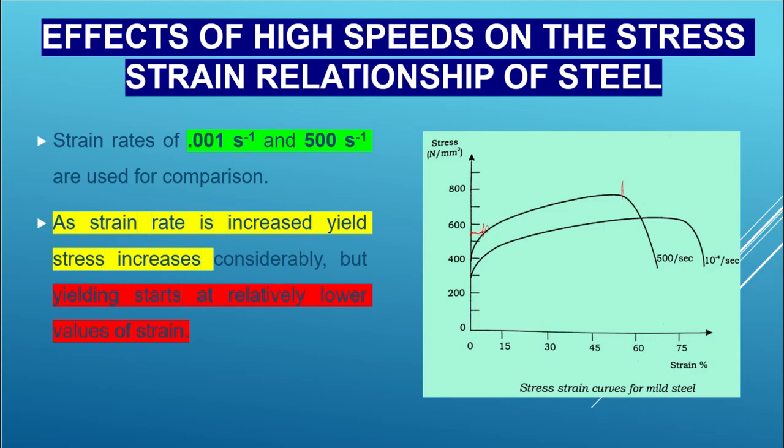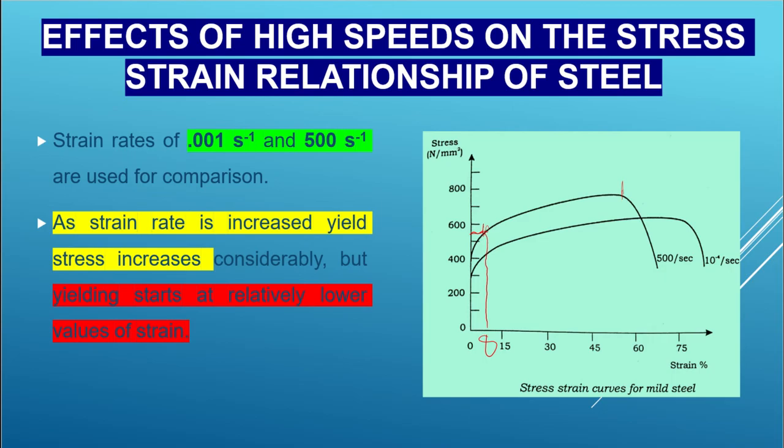And yielding started at a relatively lower value of strain. Here you can see for 500 second raised to minus 1, at a higher strain rate, yielding starts at a lower value, maybe in between 0 to 8 or 15, maybe I can give 8.